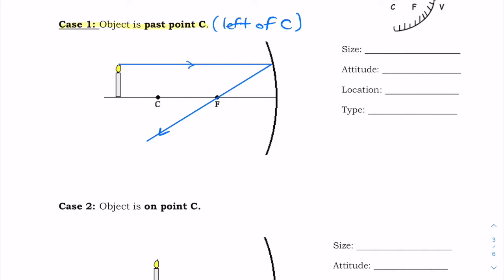The second one is a ray of light that passes through the focal point. It reflects and comes out parallel to the principal axis. The third one is a ray of light that passes through the center of curvature.